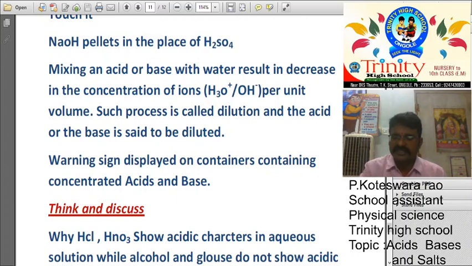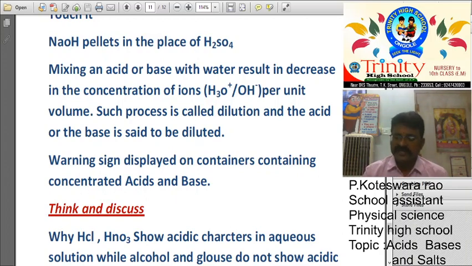Here care must be taken. Every time, for example, there is water in the test tube, we want to add either acid or base dropwise, then we can stir or swirl the test tube properly, so that the acid mixes properly in the water, and it is no problem at all.